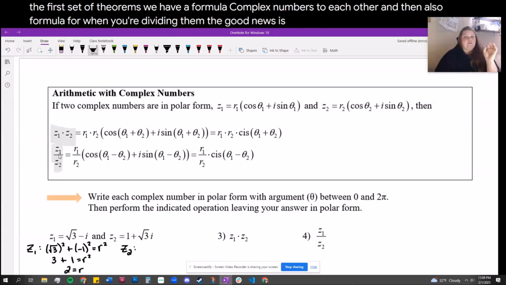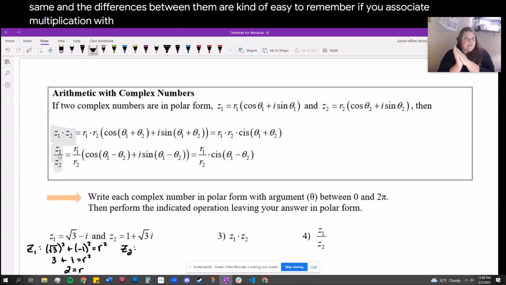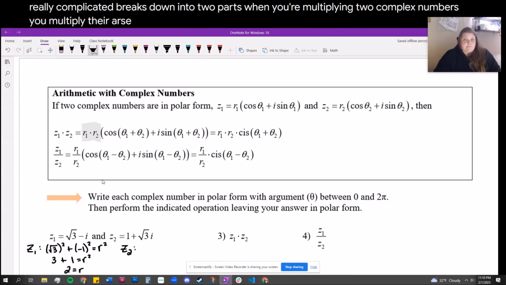The good news is these formulas are almost exactly the same, and the differences between them are kind of easy to remember if you associate multiplication with addition of things and division as subtraction. The formula, although it looks really complicated, breaks down into two parts. When you're multiplying two complex numbers, you multiply their r's.